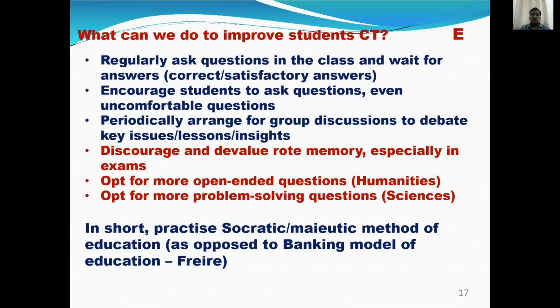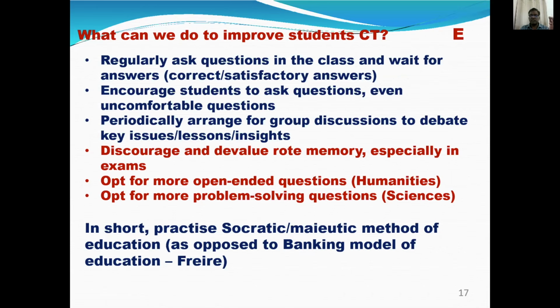And this information is retrieved. So there is no processing of information, and it is not converted into knowledge. So this is the problem with the banking model of education.